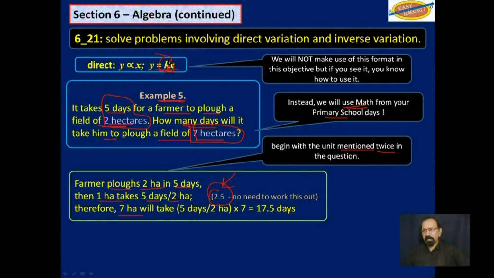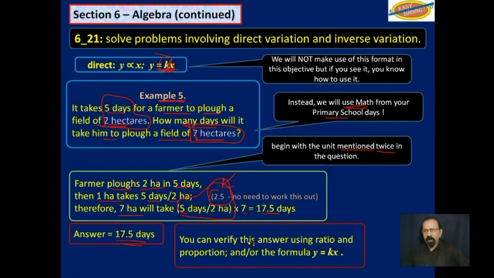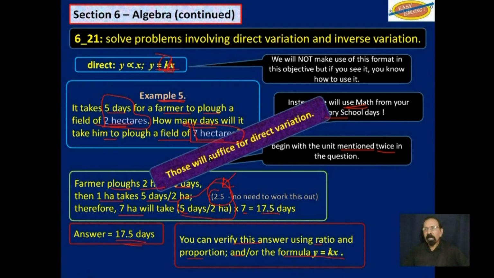And so 7 hectares will be this 2.5 multiplied by 7, which gives you 17.5 days. 17.5 days, which is reasonable. Larger field, more time. Now you can verify this answer using ratio and proportion and or this formula. I'm not doing that for you. And those will suffice for direct variation.